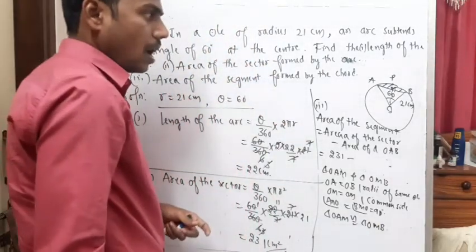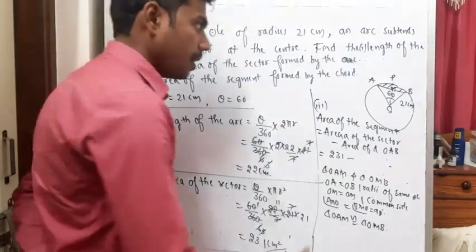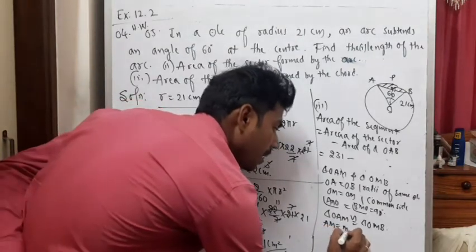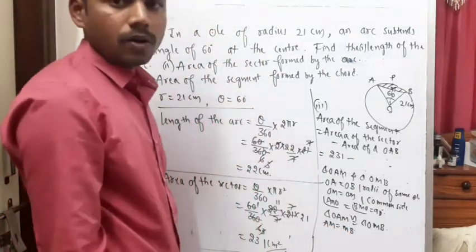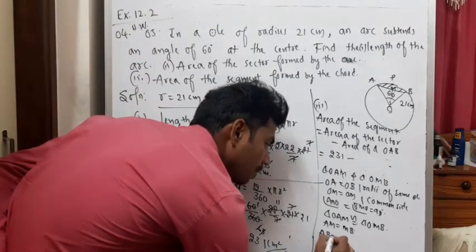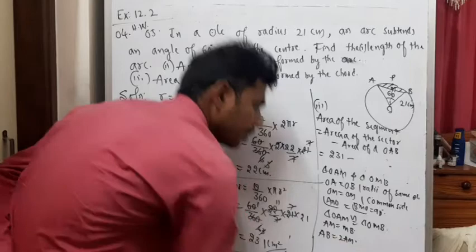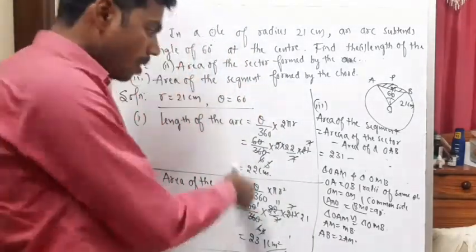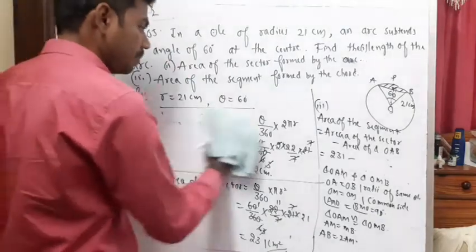Because of that, I can say AM is equal to MB, or else AB is equal to 2 times AM. Please pause the video and try to note this down. I'll erase this, I need this space.